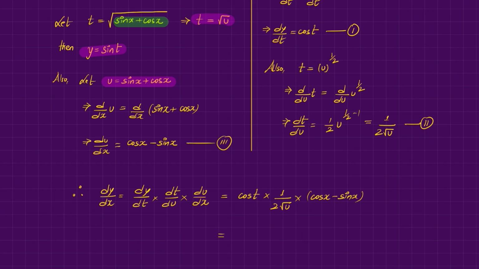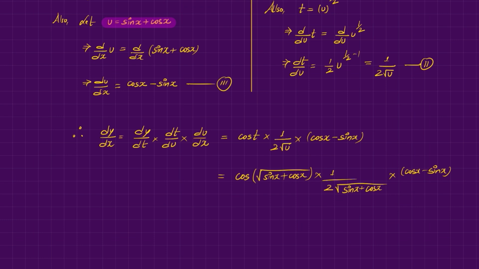So t means cos of root over sine x plus cos x, into 1 by 2 root over sine x plus cos x, times cos x minus sin x.